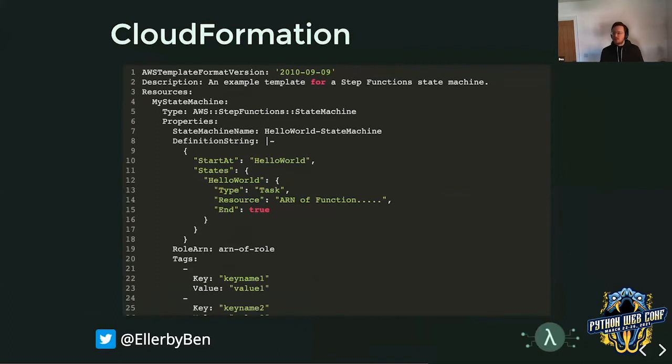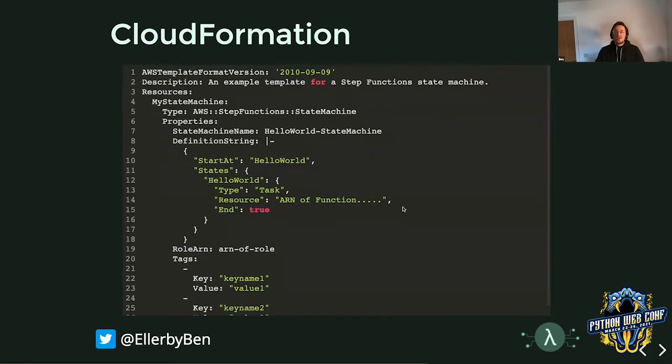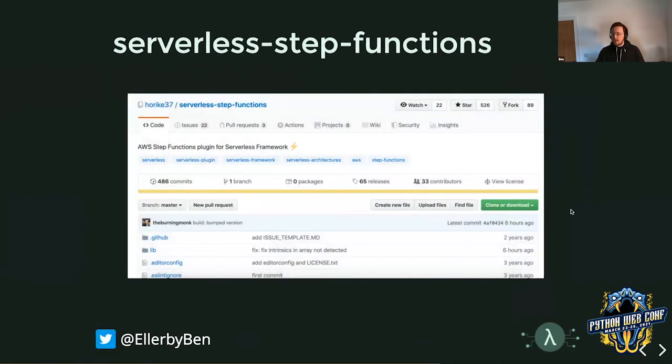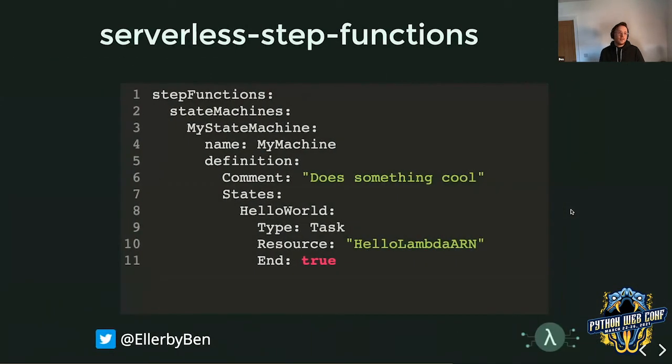Going back to infrastructure as code, as I mentioned before, most serverless architectures make extensive use of infrastructure as code. CloudFormation, which is the default infrastructure as code on AWS, has support for step functions, but it's really quite verbose, and they get quite long, especially as your step function starts to get nested. There's a really great plugin for the serverless framework called Serverless Step Functions, which enables us to have a much more abstract definition in YAML.